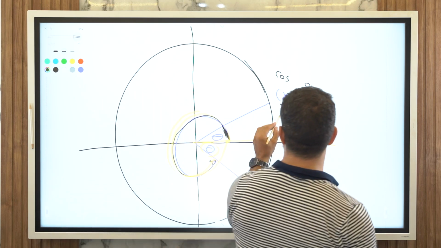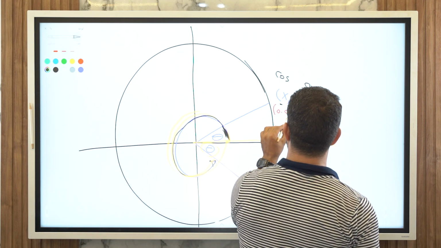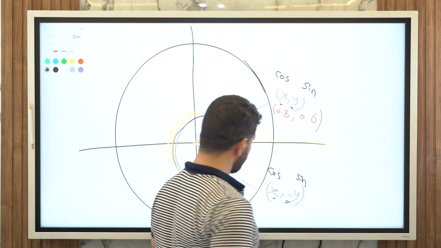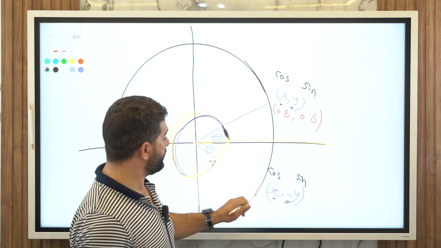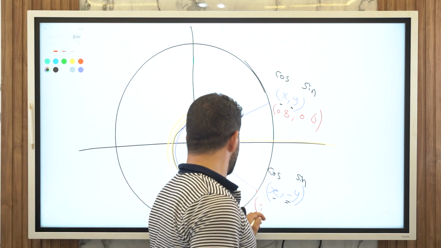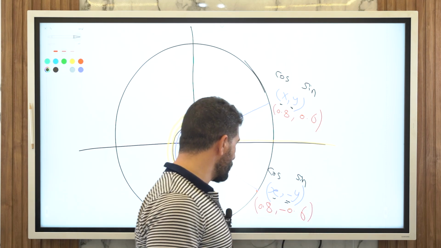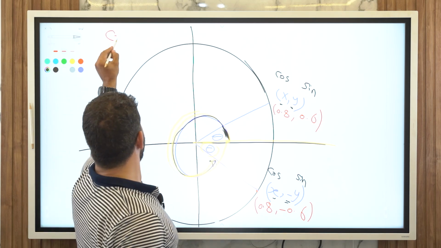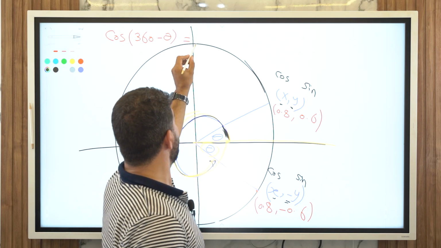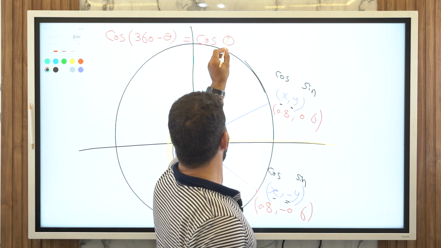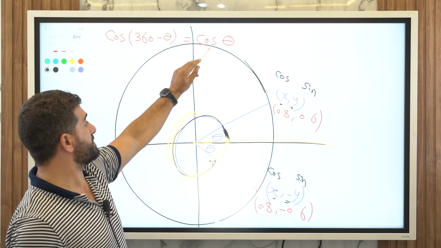Okay, so here it's y and here it's negative y. So let's take an example. Let's write 0.8 and 0.6, any two coordinates. Here this point is going to be 0.8 and negative 0.6. What I want to say is that cosine 360 minus theta will be the same as cosine theta.